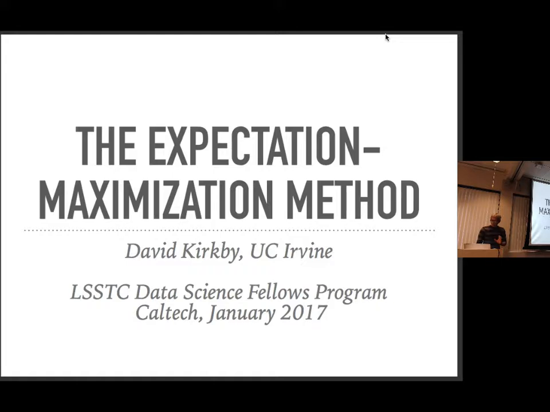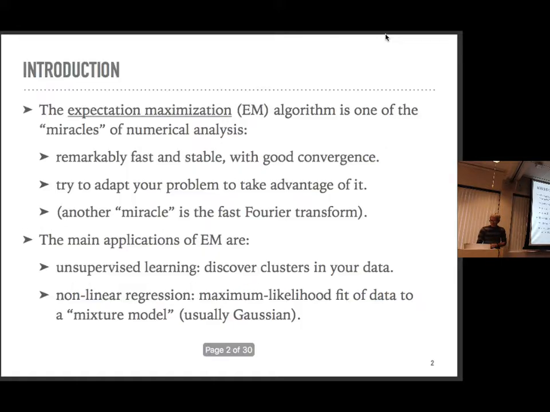So why did I pick this one algorithm to do a deep dive on? The reason is because I consider expectation maximization, because that's a mouthful, I'm just going to say EM from now on, to be really one of the miracles of numerical analysis. It doesn't have the fancy Bayesian credentials that everyone likes, although there is a proper Bayesian way to use it. But it really is classical numerical analysis. It's what I would consider a minor miracle.